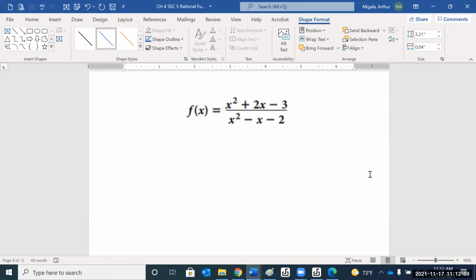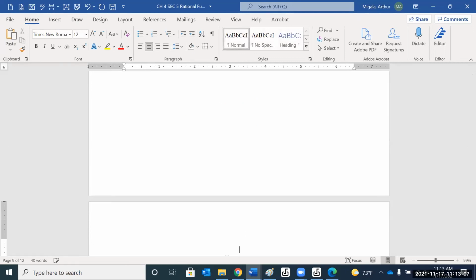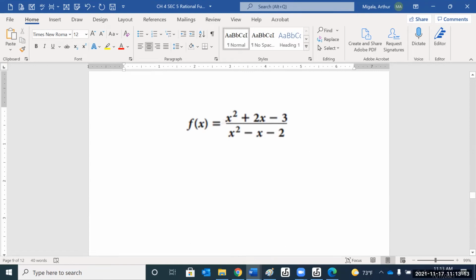The vertical asymptote is where? We take the bottom, set it equal to 0, and factor. We get x minus 2, x plus 1, because I have to have opposite signs.